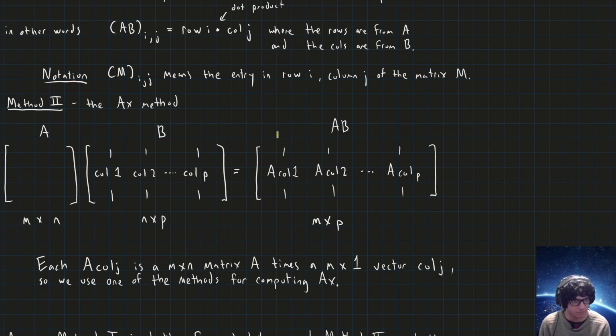The first column is going to be A times the vector column 1 from B. The second column vector of the product AB is going to be A times the second column from B, and so on, all the way up to A times column p from B.